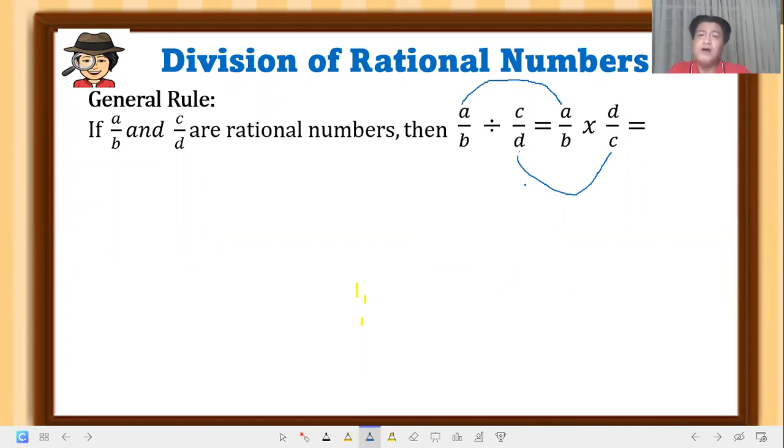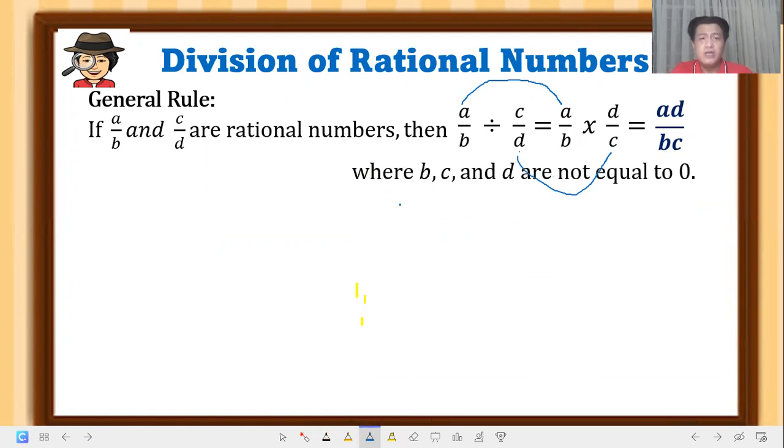Okay, before we apply this, kailangan bago ka mag-multiply, kailangan naka-reciprocal na po yung divisor. Okay. And that will become A times D, that is AD, together with B times C, BC. Kaya AD over BC. No? Okay, remember the reverse process of division is multiplication. Kaya bumabalik tayo kay multiplication.